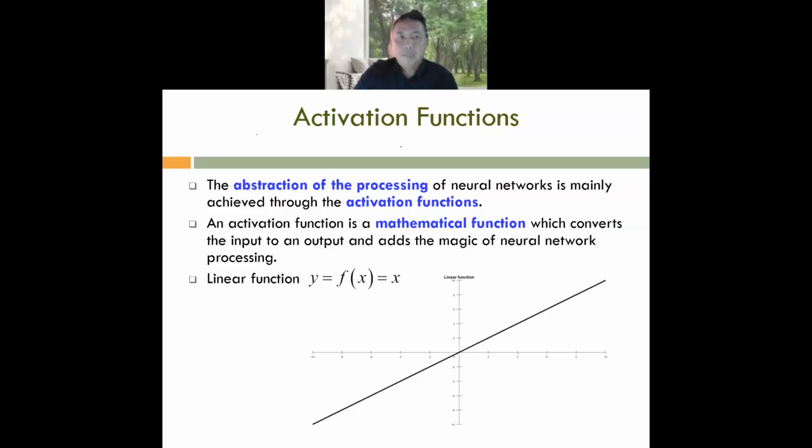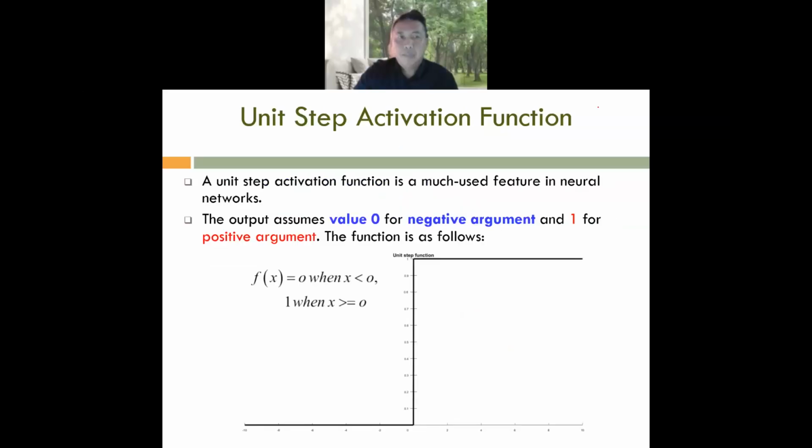We also have what we call the unit step. For the unit step activation function, your output will only be 1 if x is greater than or equal to 0. Meaning that if the summation of your x is greater than or equal to 0, then y will be 1.